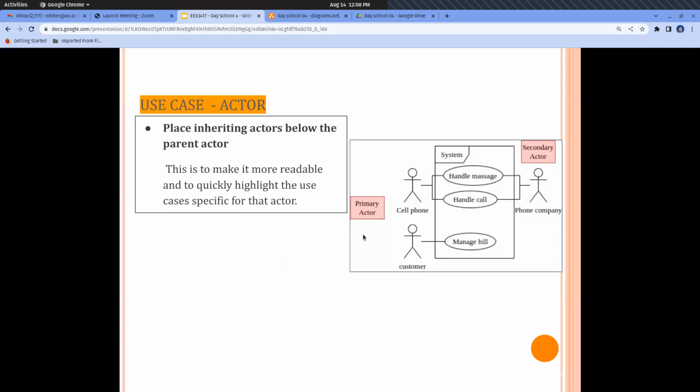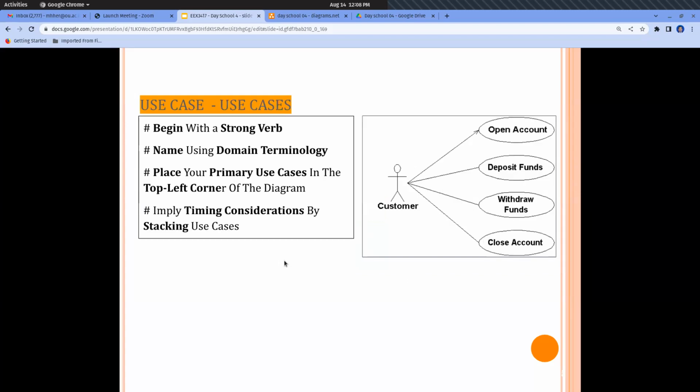When you put the parent actors upper, it is more readable and quickly highlights the use cases specific to that actor. Now these are the use cases. This is the actor, and these are the use cases. There are four use cases here. This is the system boundary, and names begin with a strong verb.